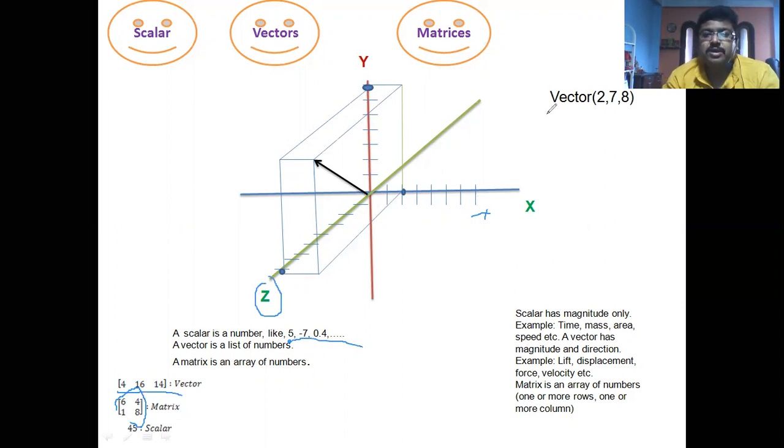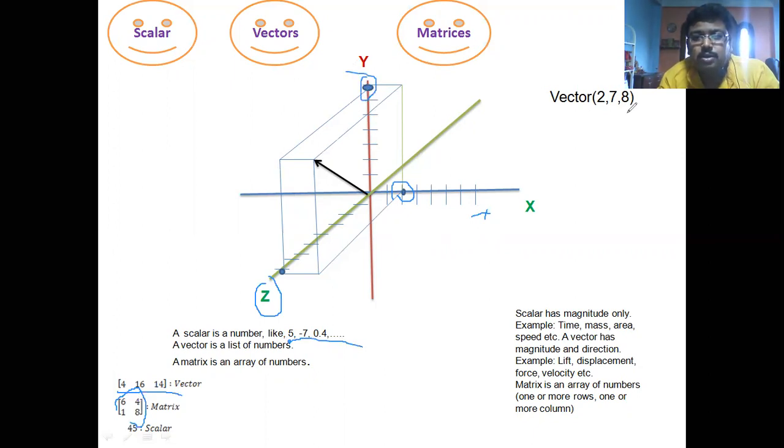Suppose a vector, which is a list of numbers, represents 2, 7, and 8, and we plot these numbers on this three-dimensional space. Along the x-axis this is 2, and along the y-axis we have 7. So 1, 2, 3, 4, 5, 6, 7, this point.